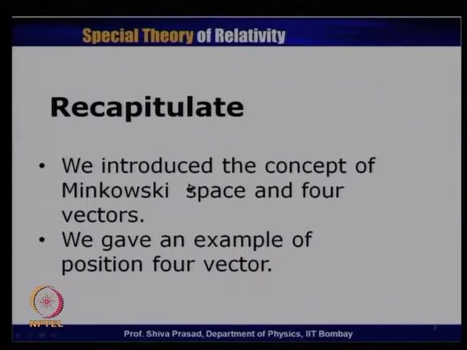We eventually gave an example of a position 4 vector, where x, y, z are the 3 coordinates of an event, and ict, where t is the time of that event in a given frame. These 4 form the components of a 4 vector. So, this is what we have written. We introduced the concept of Minkowski space and 4 vectors and gave an example of position 4 vector.